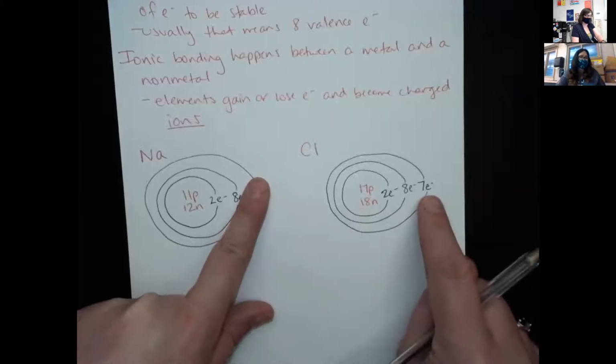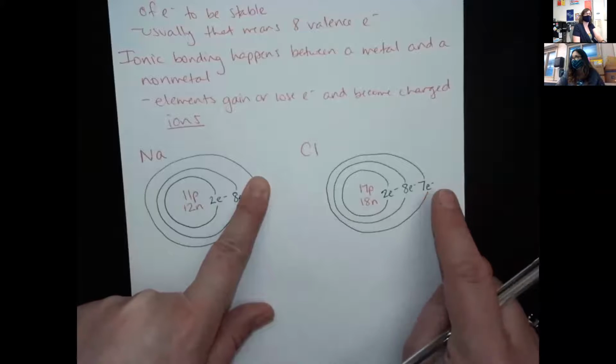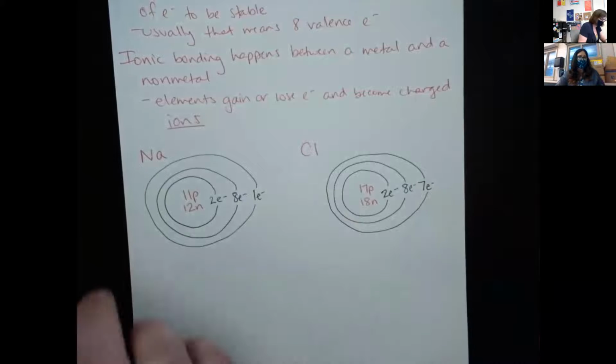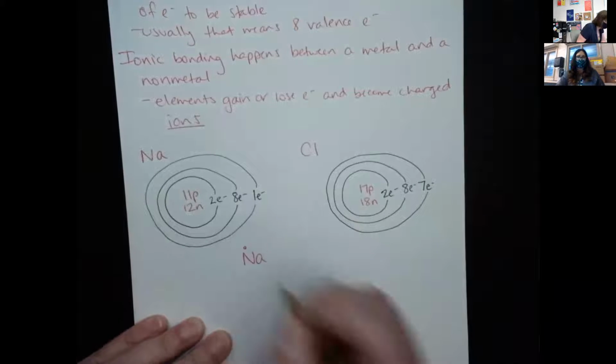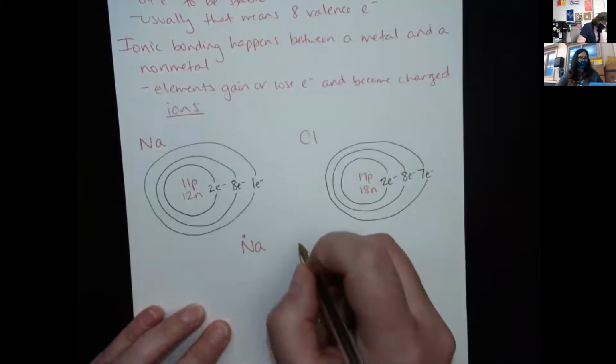Now let's look at chlorine. Chlorine just needs 1 more electron, and then it would have 8, right? It has 7. If it could just get 1 more electron, it would be stable. And that's what happens. And so now I'm just going to draw the Lewis dot diagram. For sodium, it has 1 valence electron, so we would draw 1 dot.